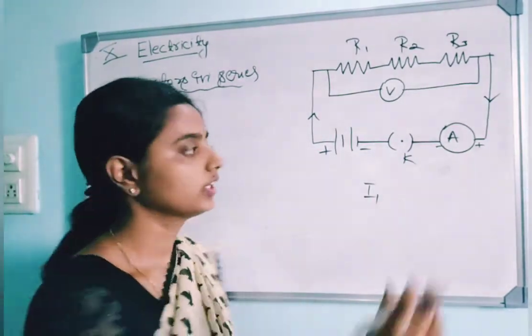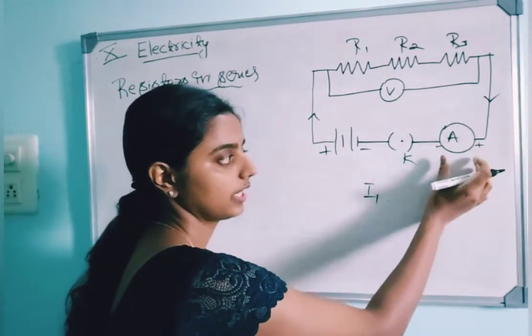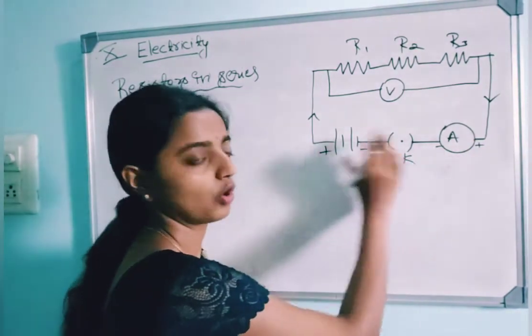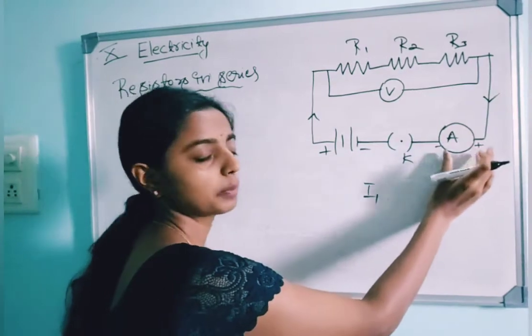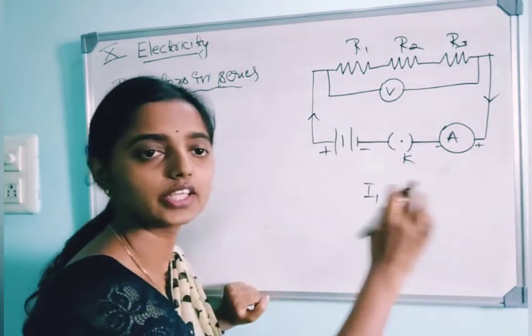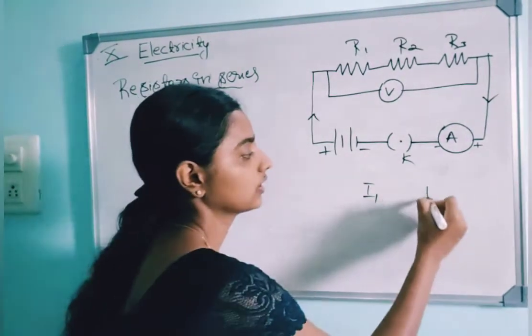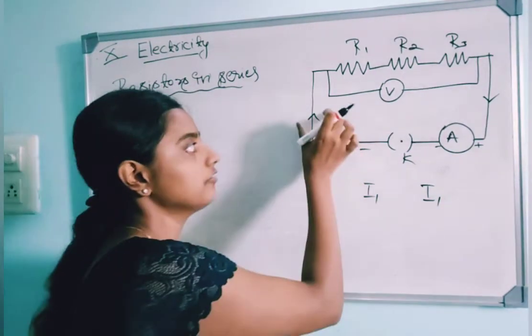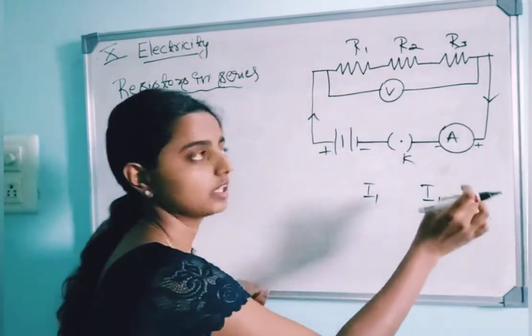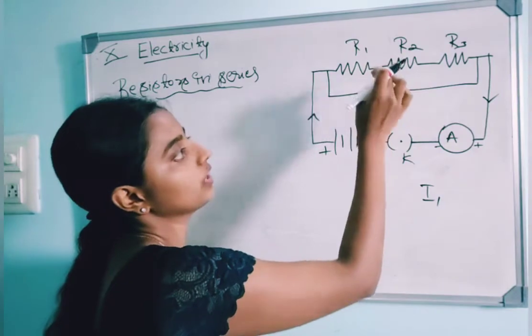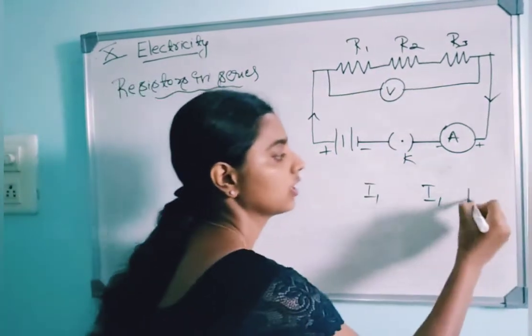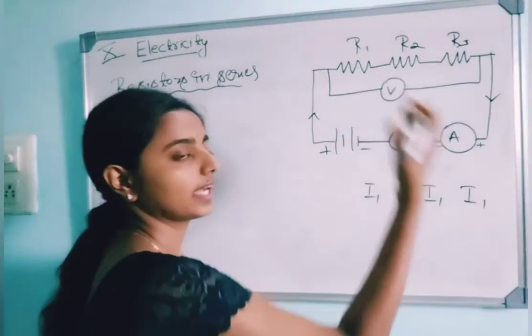Now I take the ammeter away from this position. I am not drawing it, just assume. I took it from here and connected it here. Then again I took the reading and got the same value. Again I took the ammeter and connected it between R1 and R2 and got the I1 value again.